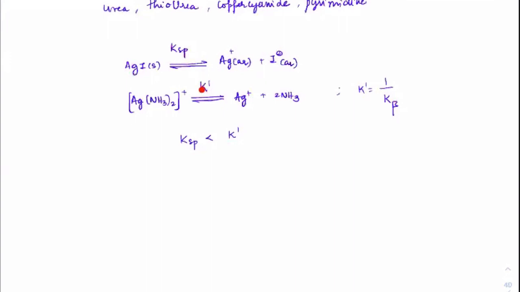So it only comes with the experimental values of beta. On the other hand, if you see AgCl, which is in equilibrium with Ag+ aqueous plus Cl- aqueous, there is KSP. If you compare this KSP with K dash, you might see that the KSP value is much greater than K dash, which means this easily dissolves, so Ag+ will definitely react with NH3 and form the complex.